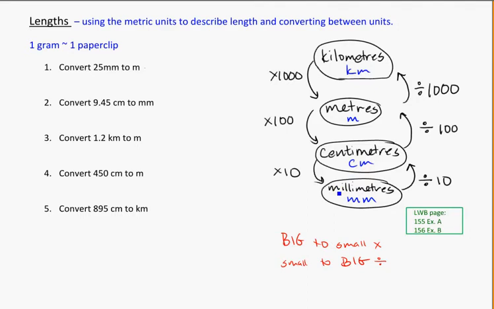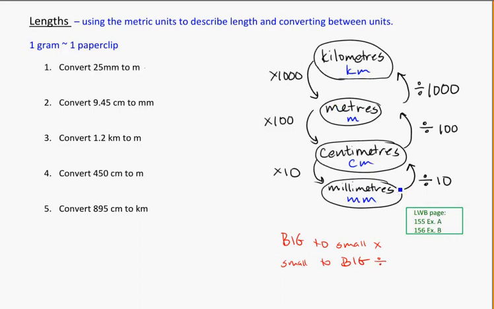So part of that's the prefix in here. Milli means 1,000, and that means there's actually 1,000 millimeters in a meter. Centi means 100, and that's going to be 100 centimeters in a meter. And kilo also means 1,000, but the other way around, that for one kilometer I'll have 1,000 of the meters.